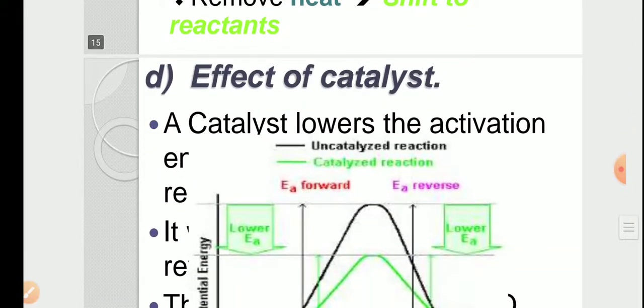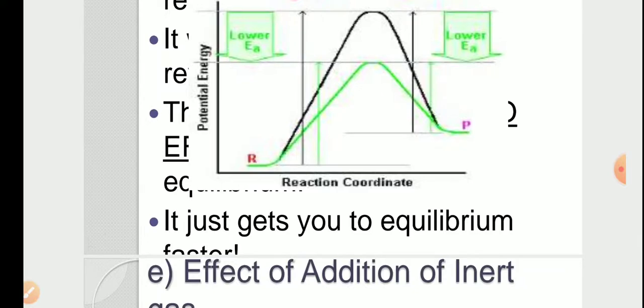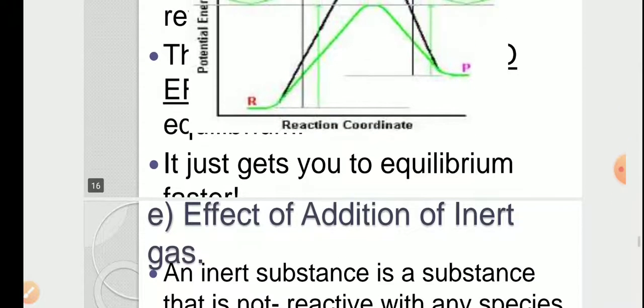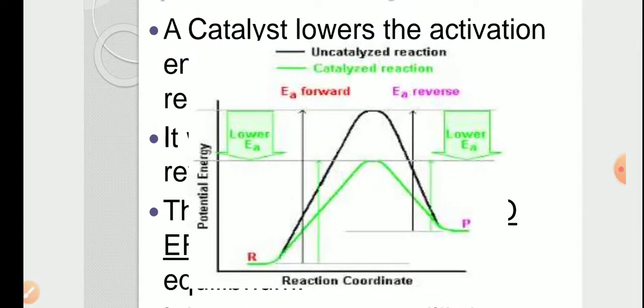Now, the effect of the catalyst. Basically, the catalyst has no effect on the equilibrium, but it increases or decreases the rate of the reaction. One reaction can happen very easily by means of a catalyst, but there is no effect on the chemical equilibrium.